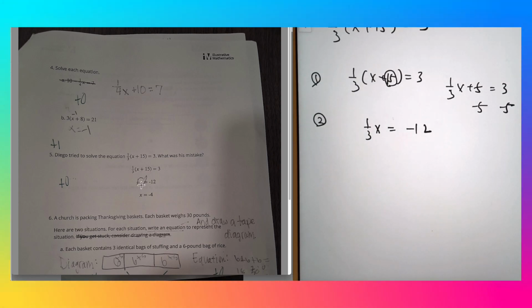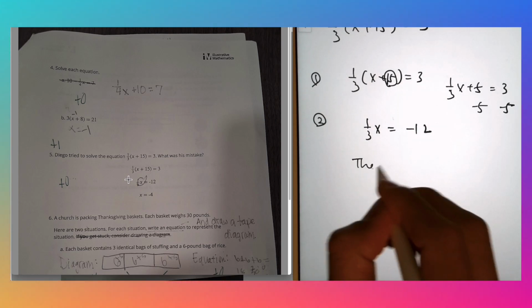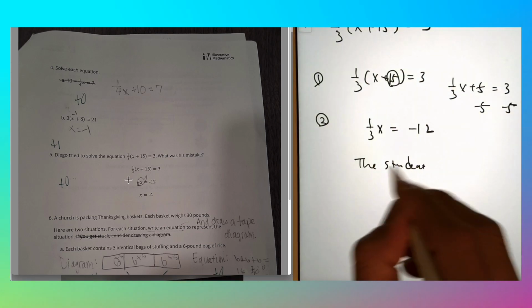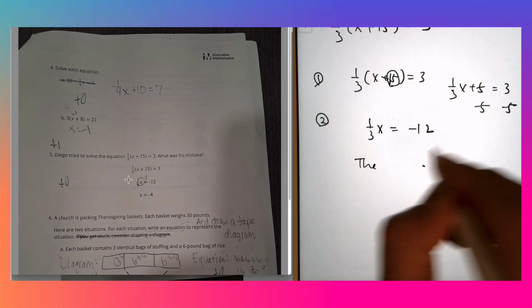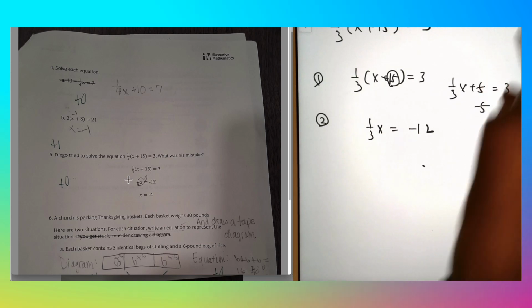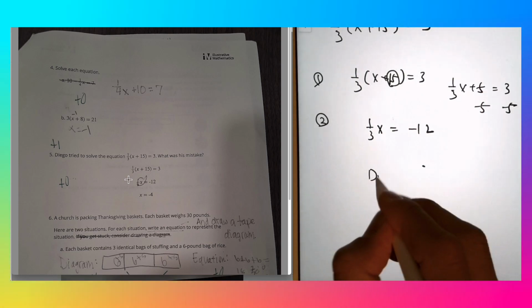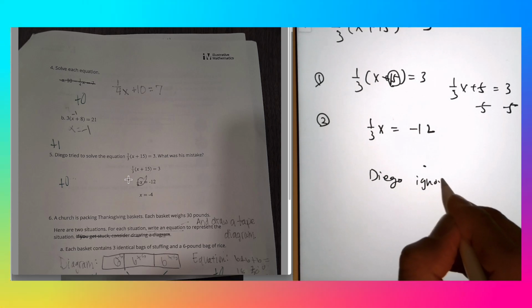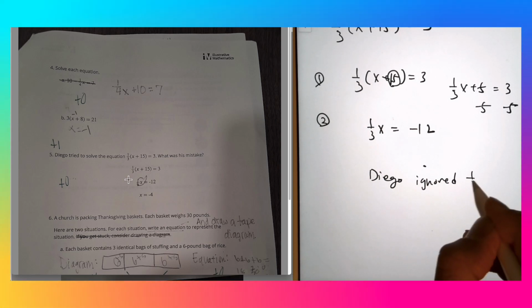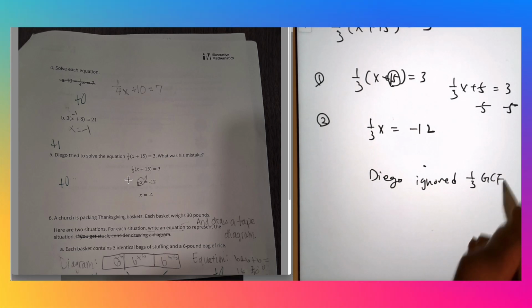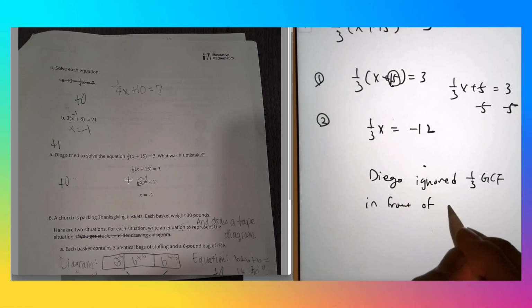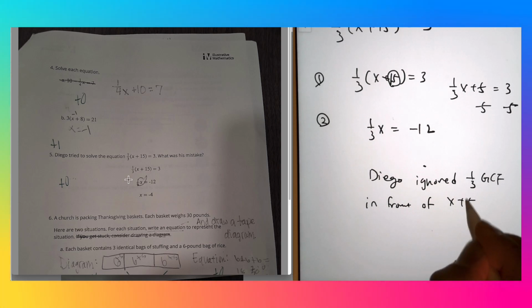So yeah, the problem is here, and you just have to explain in words. The student, or Diego, ignored the 1/3 GCF in front of x plus 15.